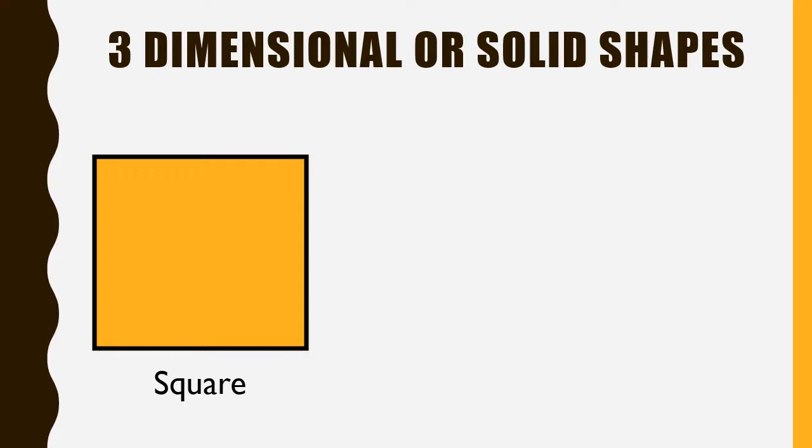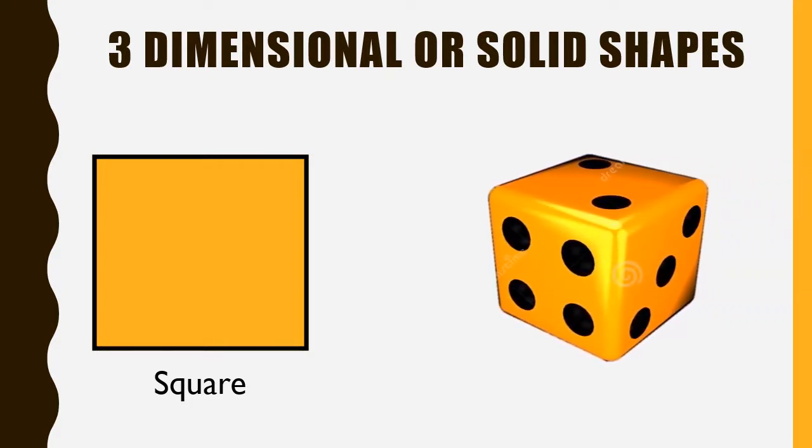Now, I will show you one object which is very similar to this square. What is this? Yes, this is a dice. Now, if I ask you what is the shape of this dice, you will say, ma'am, it's a square. But not really. Let me show you the difference.